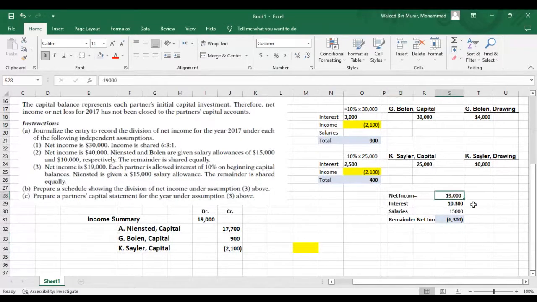Now see, net income is 19,000, interest is 10,300, salaries are 15,000, right? Is it clear? And what is the remaining income? It's not an income. We have a loss, right? You don't have a net income, we have a loss, right? There is no net income.